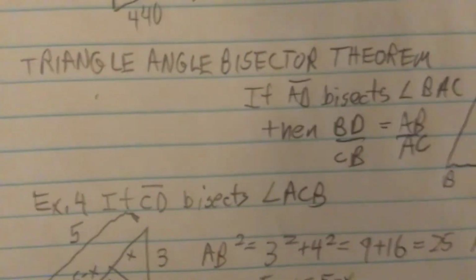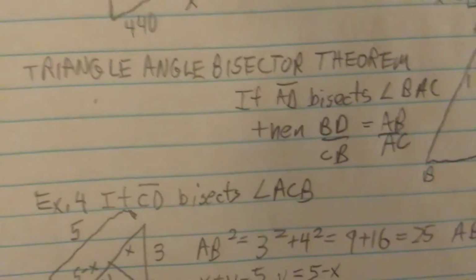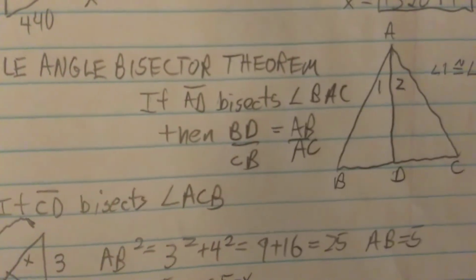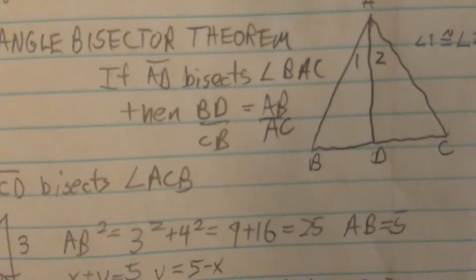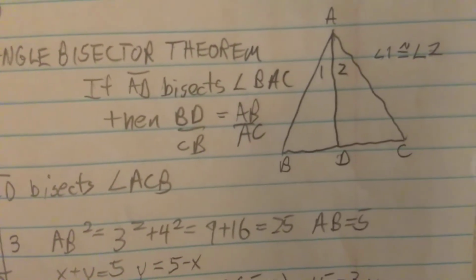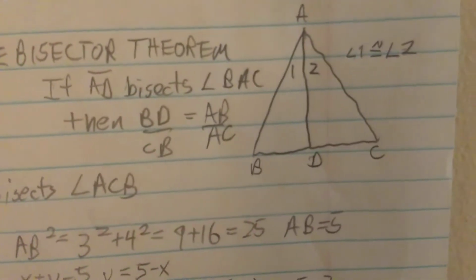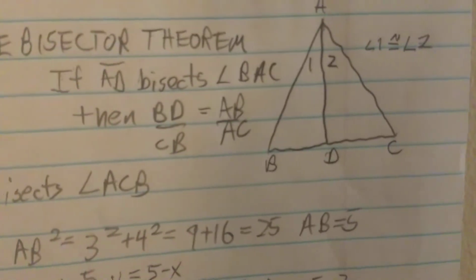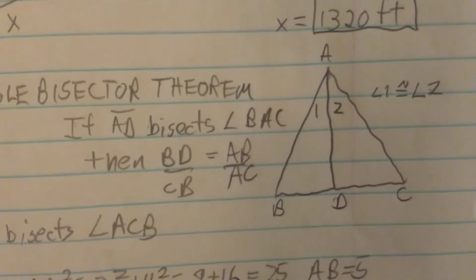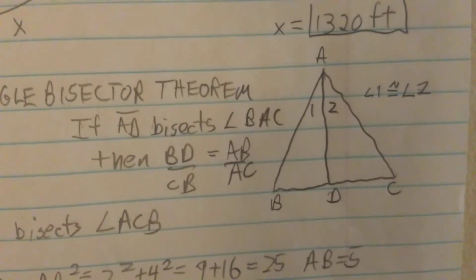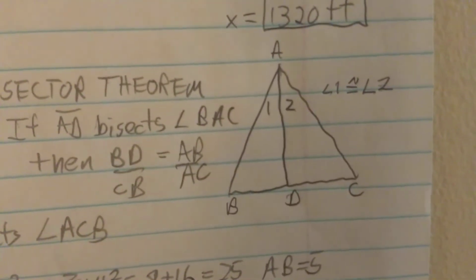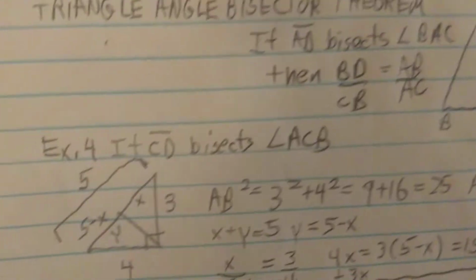Now our next theorem is called the triangle angle bisector theorem. If we have a triangle where the top angle is bisected, so that AD bisects angle BAC and angle 1 is congruent to angle 2, then the bottom parts, notice BD over the whole bottom part, CB, is equal to the sides, AB over AC.